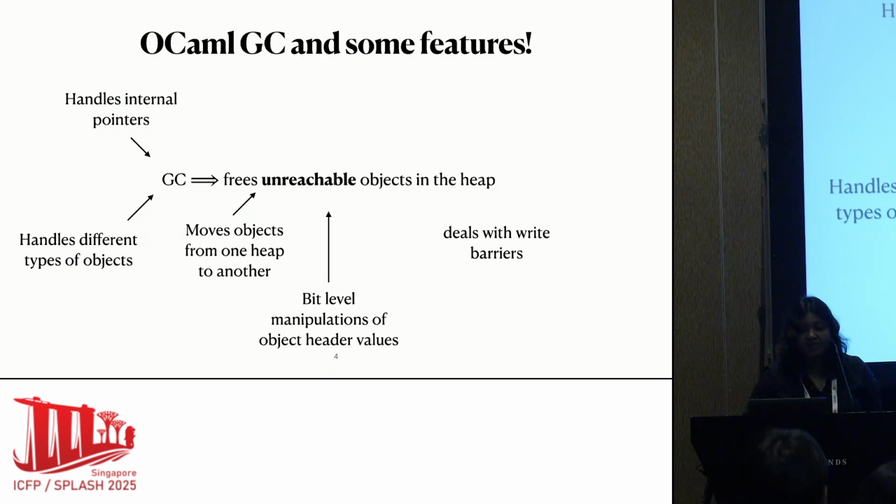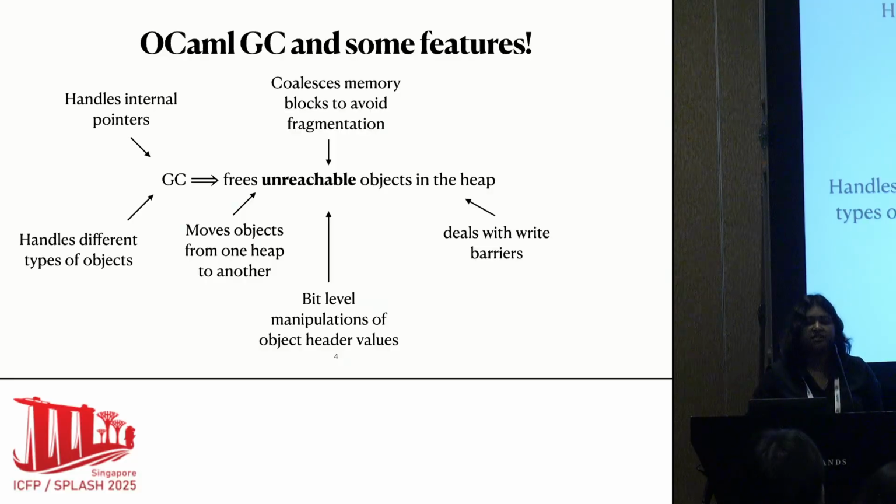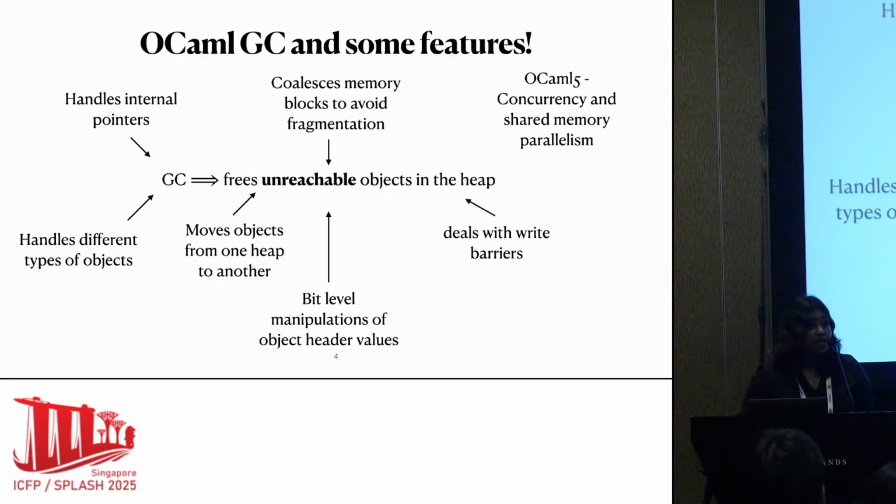It has to do bit-level manipulations, deal with write barriers, coalesce memory to avoid fragmentation, and from OCaml 5 onwards, it has to deal with concurrency and shared memory parallelism. All these features have their own specifications and invariants, and the biggest challenge is that all these invariants should work together to preserve the reachability of live objects, and that makes a GC hard to verify.